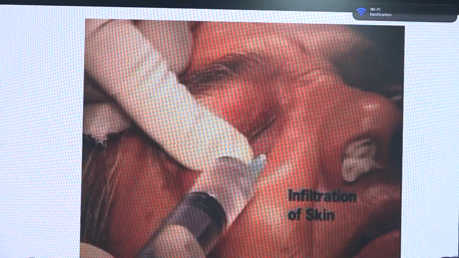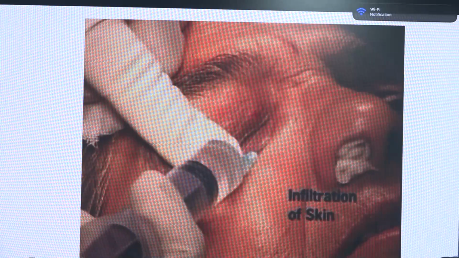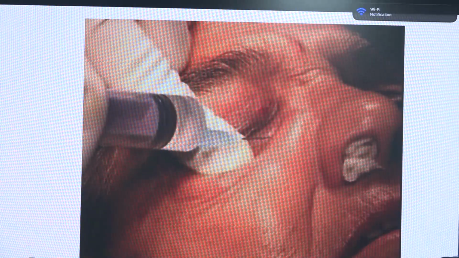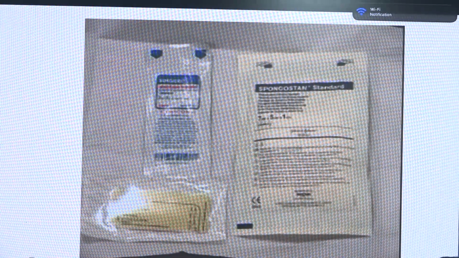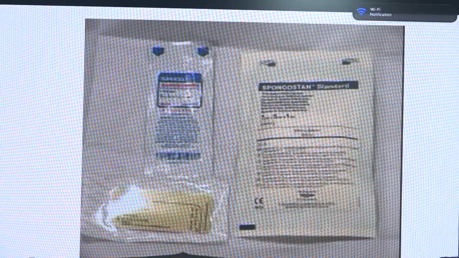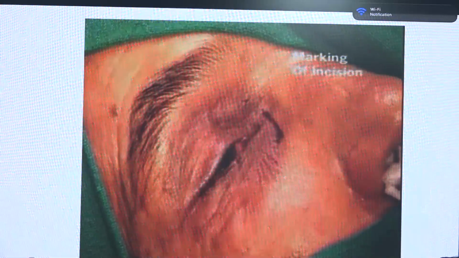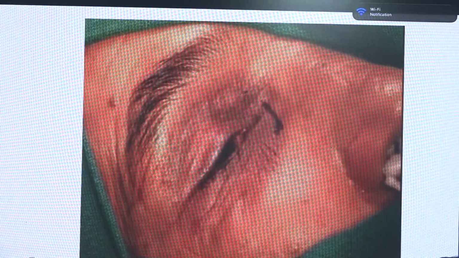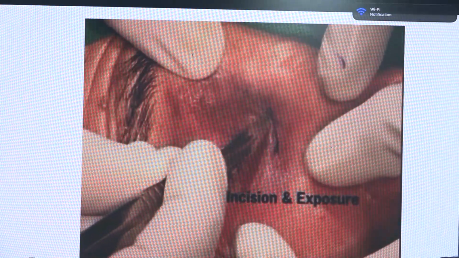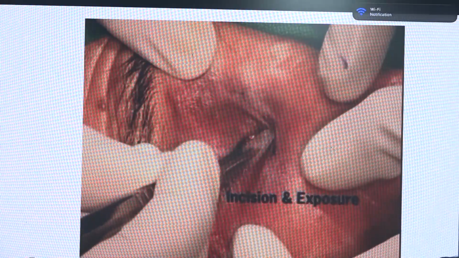An injection is also given along the line of incision at the anterior lacrimal crest. The bleeding can be minimized by the use of various devices such as Surgicel and bone wax. The incision is marked along the anterior lacrimal crest starting 3 mm from the medial canthus.